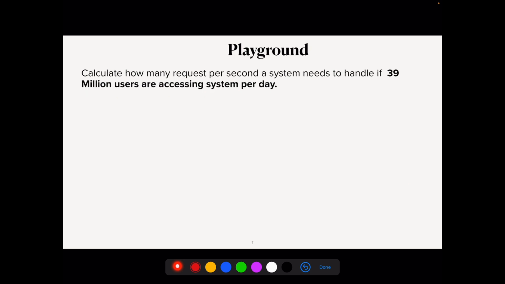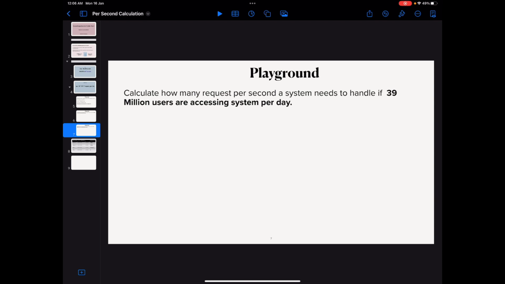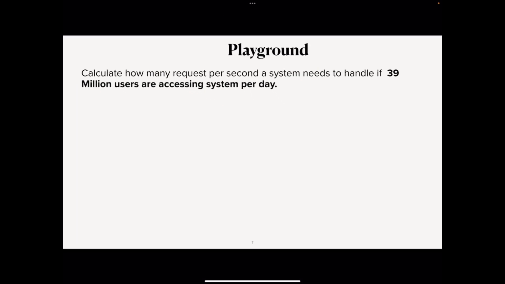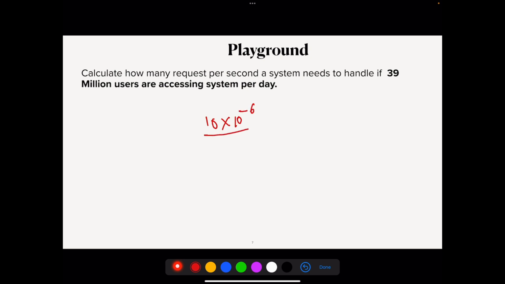Now let's take some more examples. Instead of 1 billion, we are going to do the calculation for 39 million users. How are we going to do the calculation? Same. We first write 10 into 10 to the power minus 6, which is our base formula.